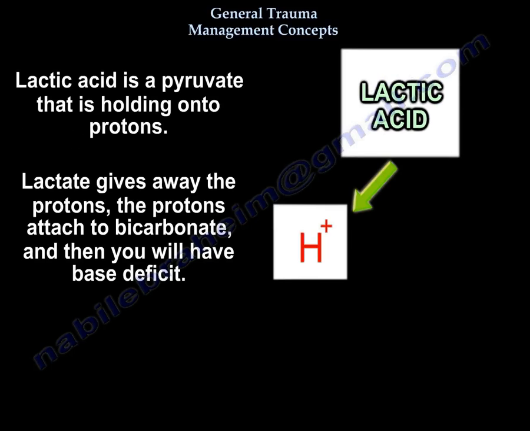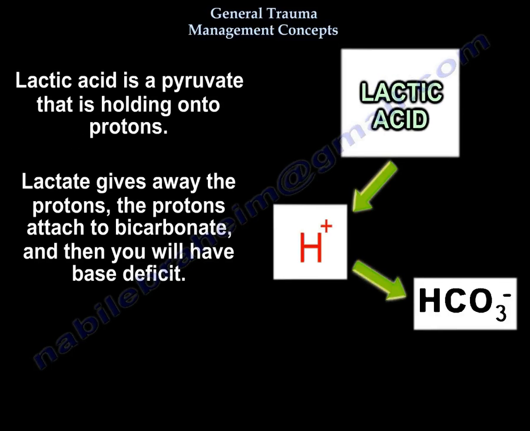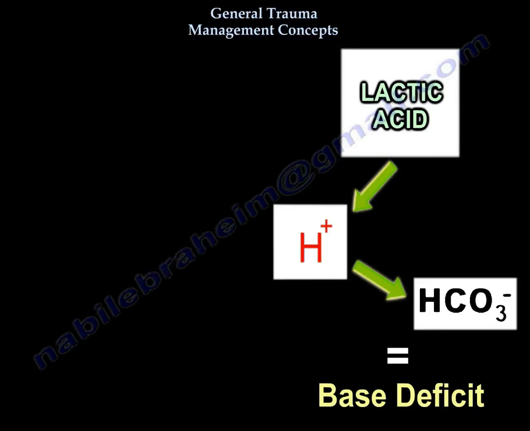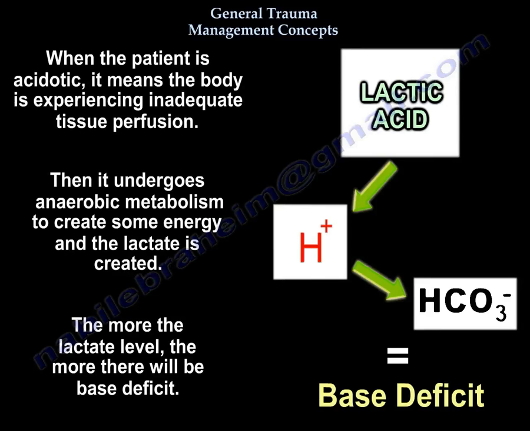When the lactate gives away the protons, they attach to bicarbonate, and then you will have base deficit. When the patient is acidotic, it means the body is experiencing inadequate tissue perfusion. Then it undergoes anaerobic mechanism to create some energy, and the lactate is created. The more the lactate level, the more will be a base deficit.